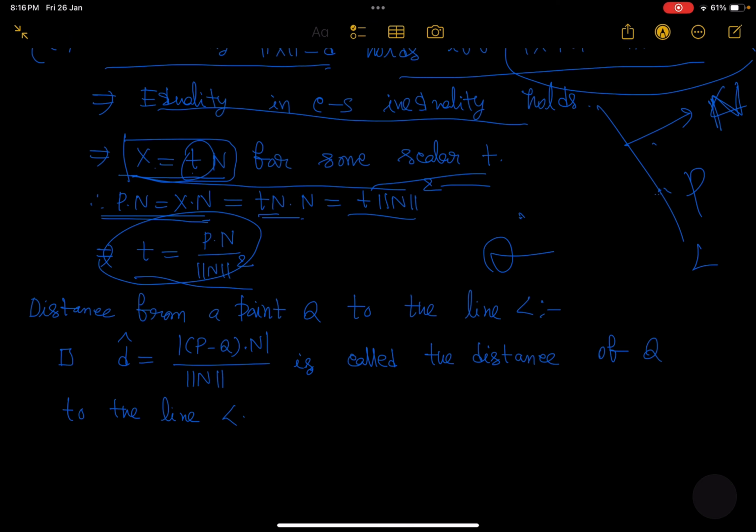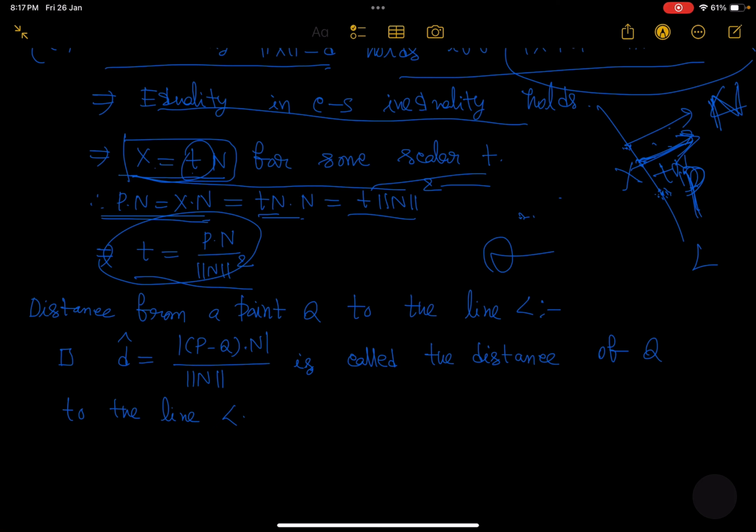You have to choose the point capital X whose direction is along the normal vector, and it should be the projection of the given point P. As long as X is the projection of P along n, that is tn, where t equals P dot n by norm of n whole squared, you can find this distance, which will be modulus of (P minus Q) dot n divided by norm of n.